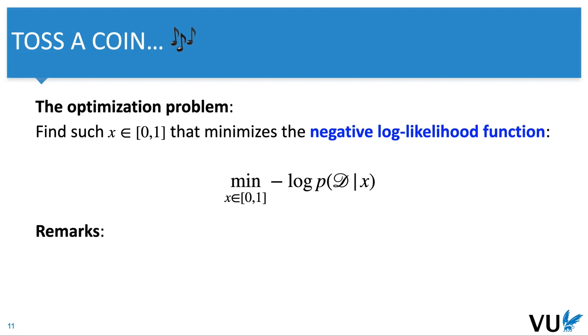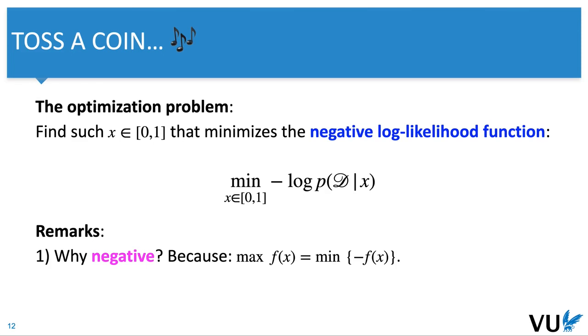Some remarks, right? Why negative? Well, because this is what we discussed last time. If we use some optimization packages, the convention is that we do minimization instead of maximization. So we just change from max to min by considering the negative function.